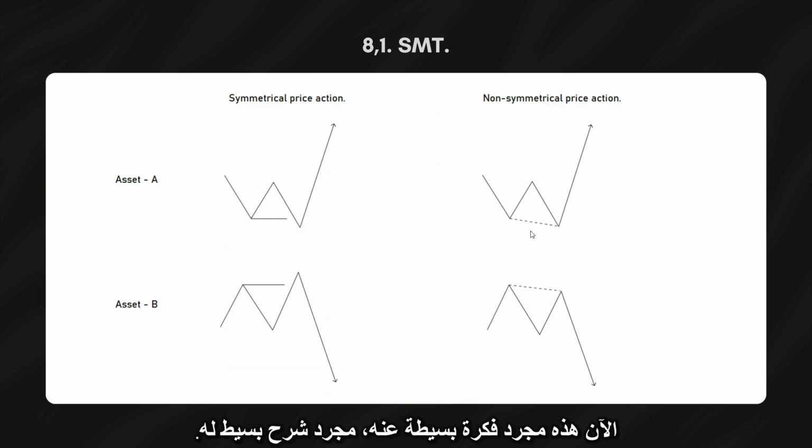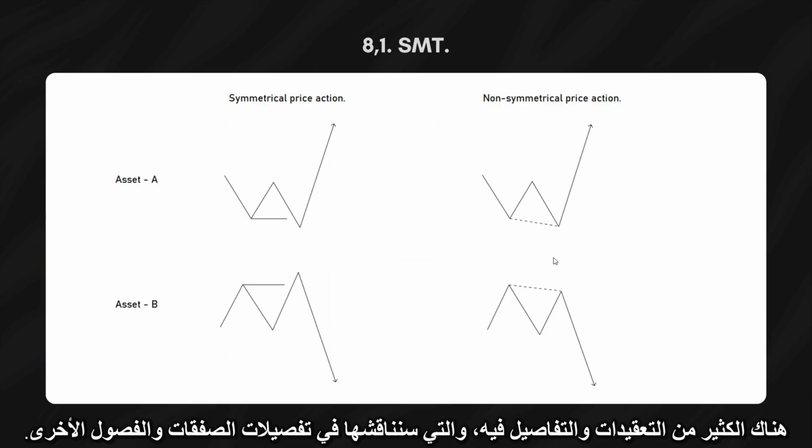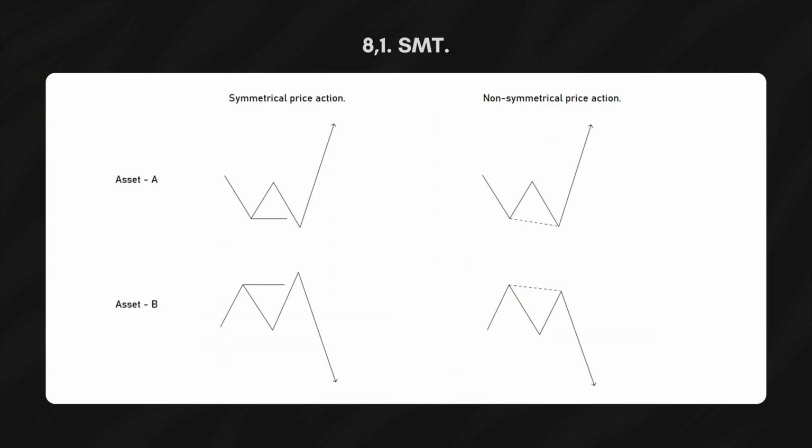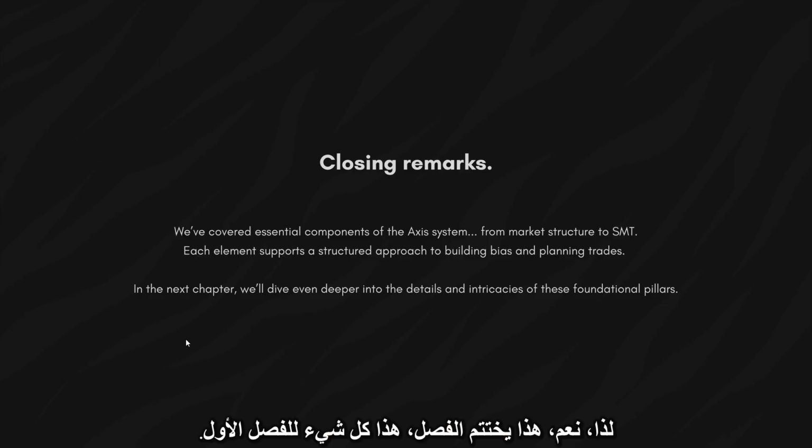Okay, now this is just a simple explanation of it. There are a lot more intricacies and details to it, which we will discuss in the trade breakdowns in the other chapters. So yeah, that wraps up the chapter.